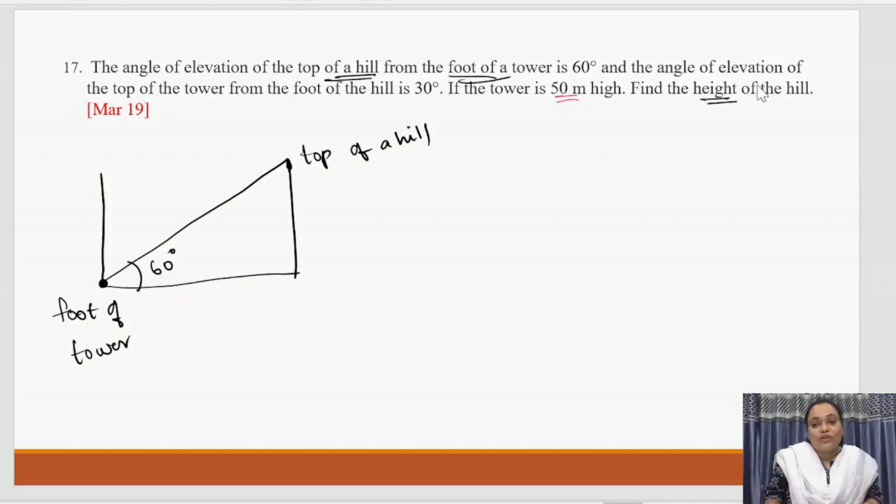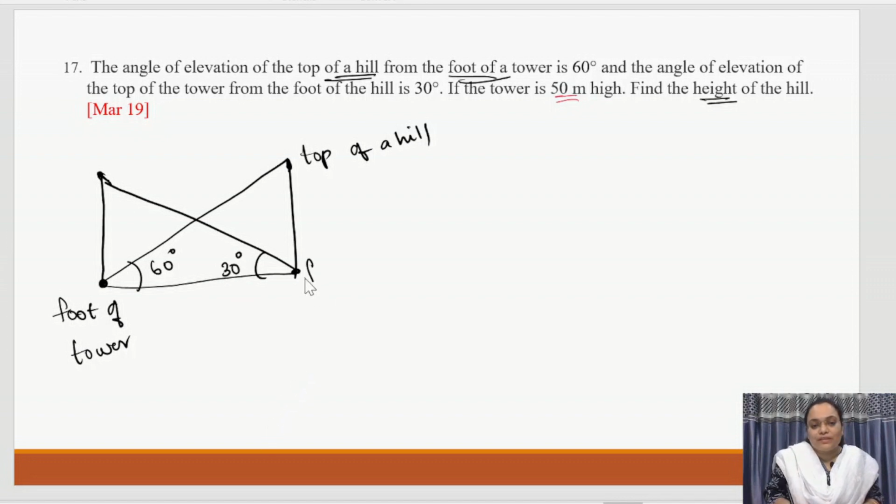And then the angle of elevation of the top of the tower, from the foot of the hill, is 30 degrees. From the foot of the hill, he is seeing the top of the tower. This angle is 30 degrees.